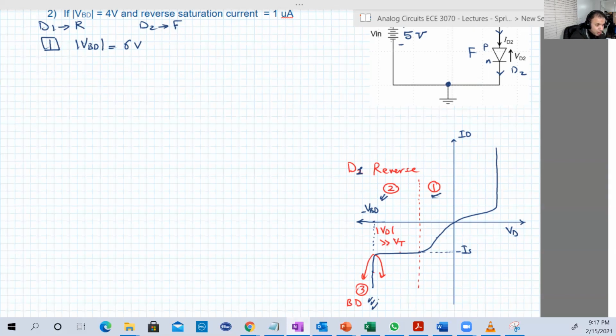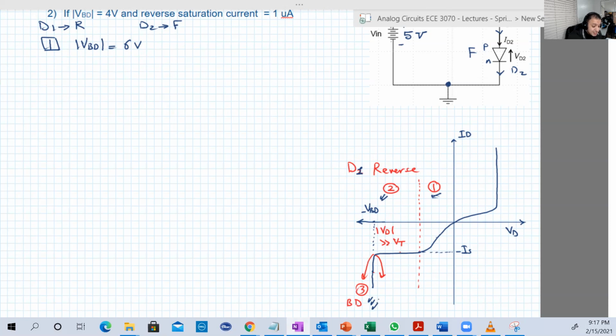It might be in region 2, in which case we know for sure the current: it will be equal to minus IS, the saturation current. Or it might be in region 3, which is the breakdown, and in that case we know for sure the voltage: it will be equal to minus V breakdown. So which one of these is closer to us?